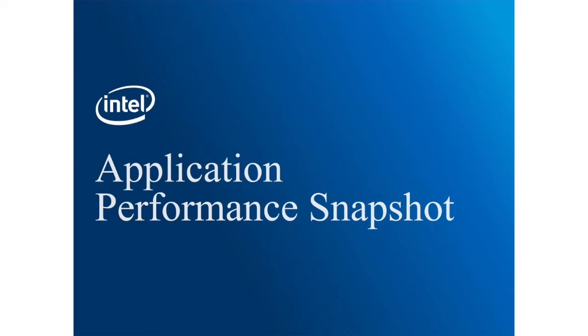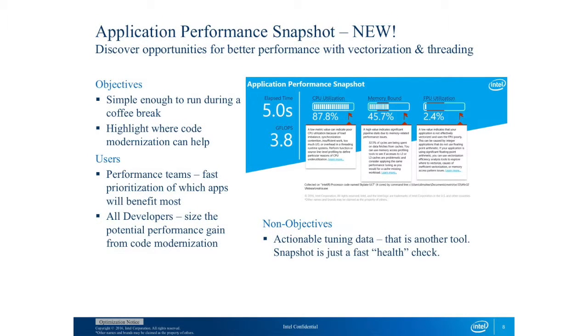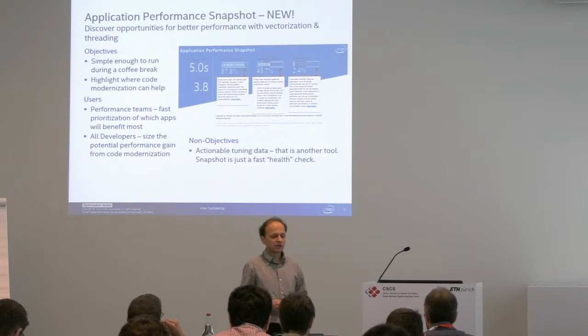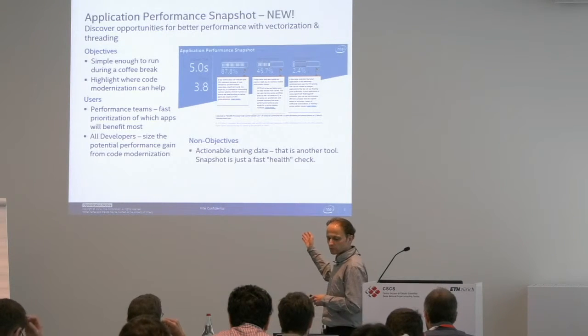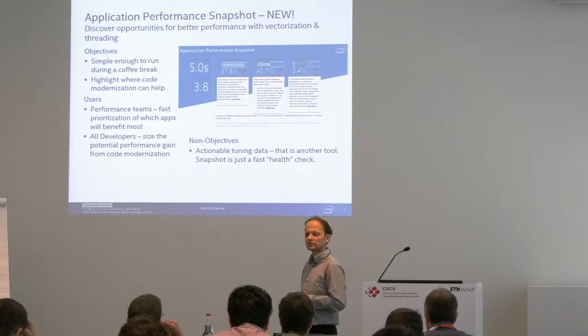And you can see you get some percentages of utilization for the CPU part, for the sequential code, for the floating point performance, and for the memory boundness of the application. I think these are the most important ingredients that you have anyways. And you can also get some further advice on how to go further with this. And the output looks like this blue thing that you can see on this slide.